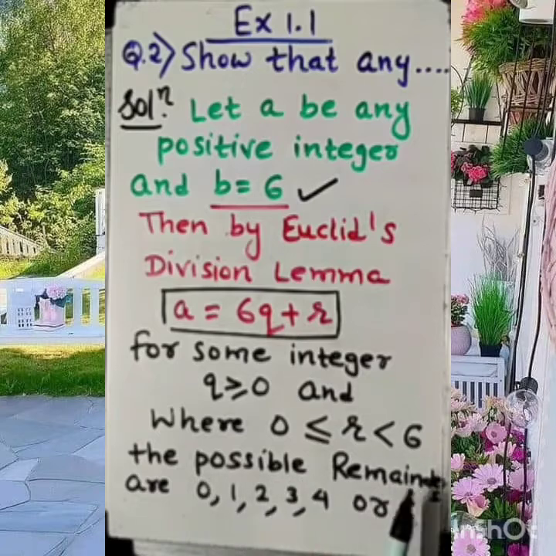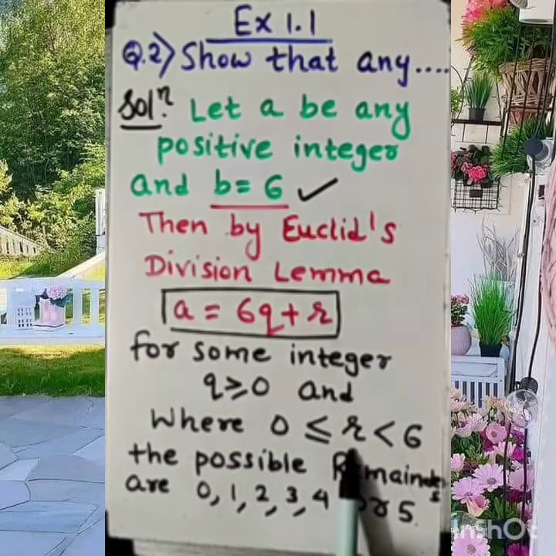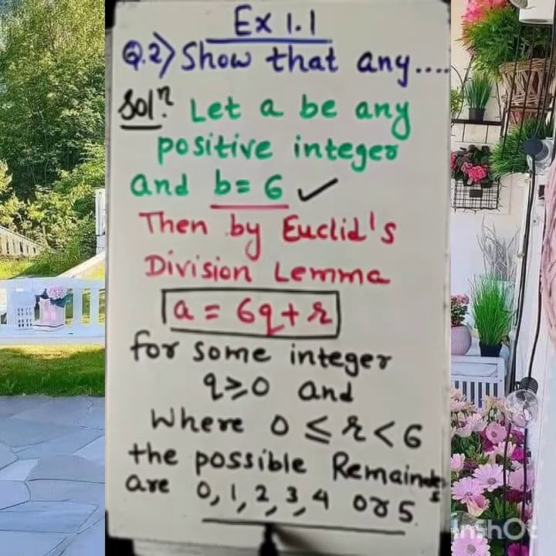So the possible remainders can be 0, 1, 2, 3, 4, or 5, because the remainder must be less than 6, so it will be up to 5, and 0 is also possible. These are the possible remainders.